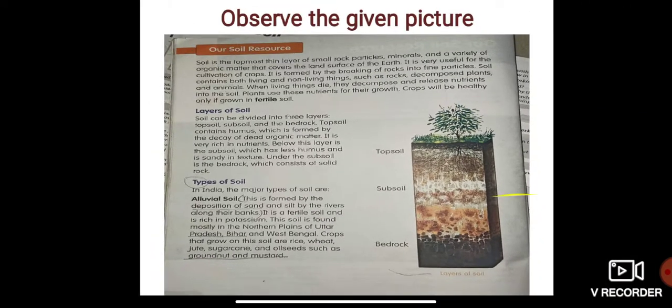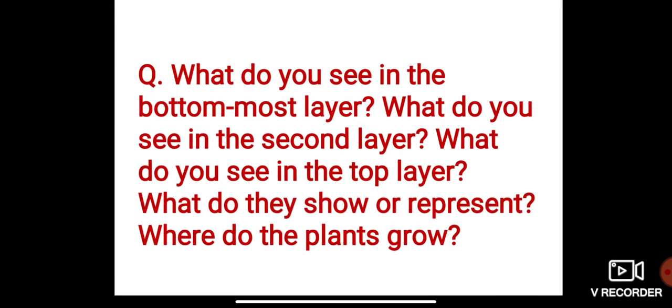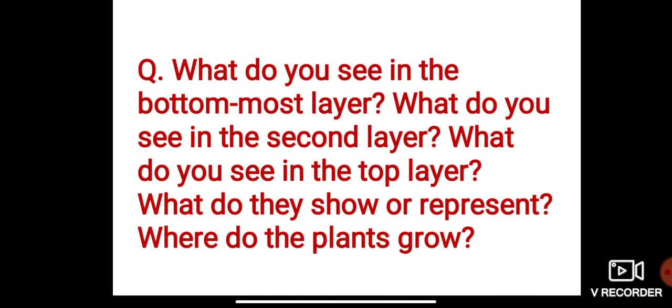Now what do you see in the bottommost layer, that means at the lowest layer, at the bottom level? What do you see in the second layer? And what do you see in the top layer?